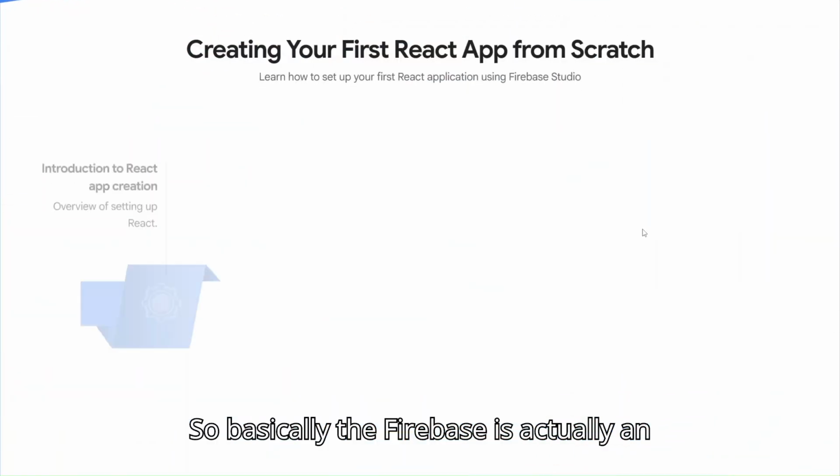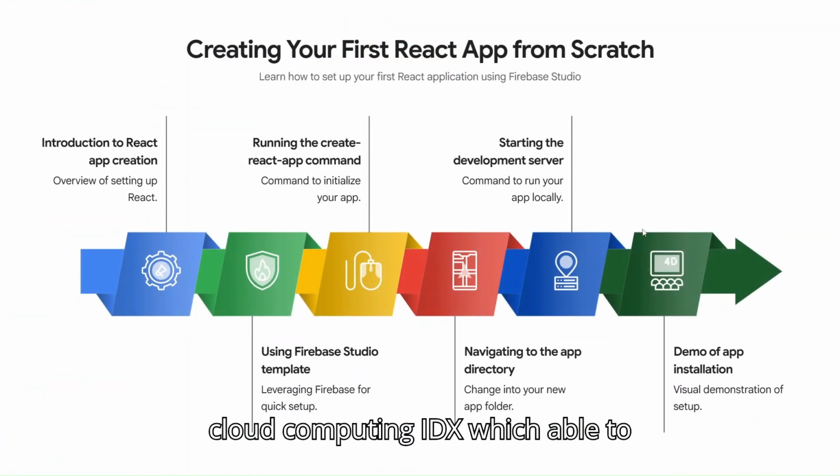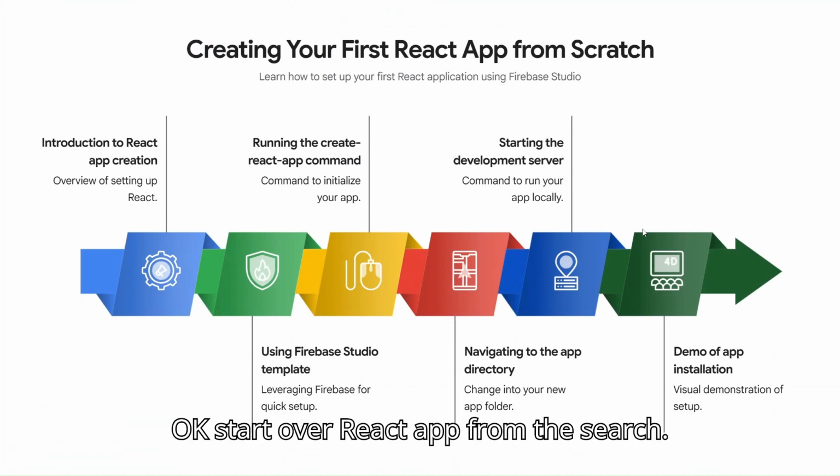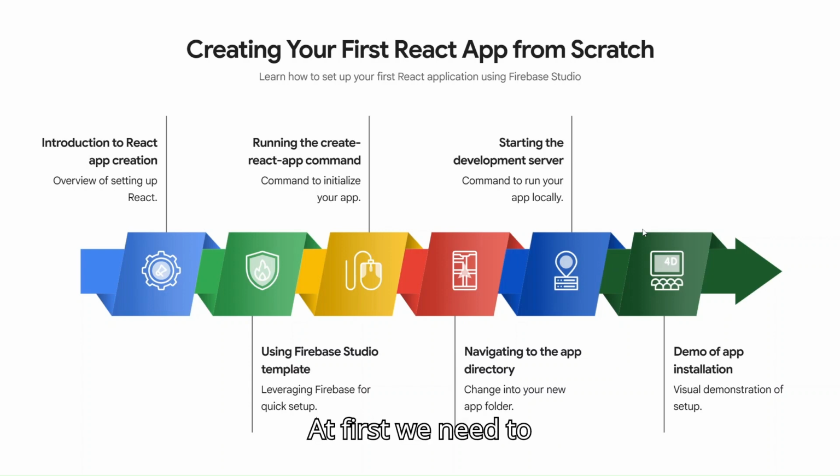Firebase is a cloud computing IDX which lets us start our React app from scratch. At first, we need to create a React application in Firebase. After that, we can run it using npm run dev. That's it.